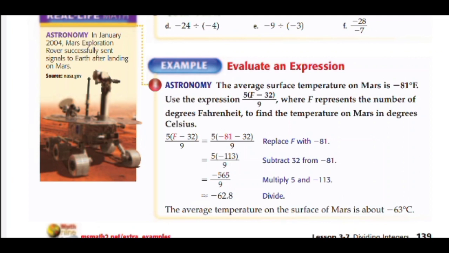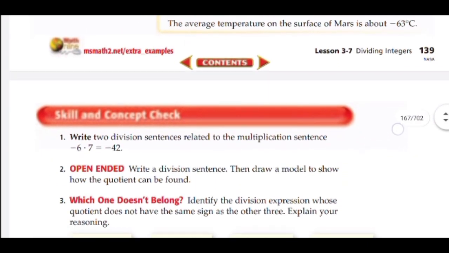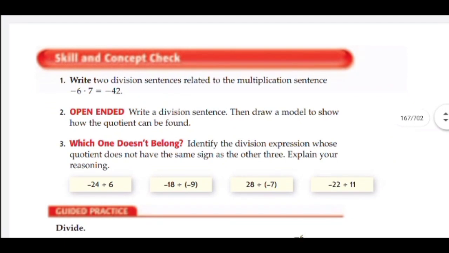Use the expression 5 times Fahrenheit minus 32, divided by 9, where F represents the number of degrees Fahrenheit, to find the temperature on Mars in degrees Celsius.